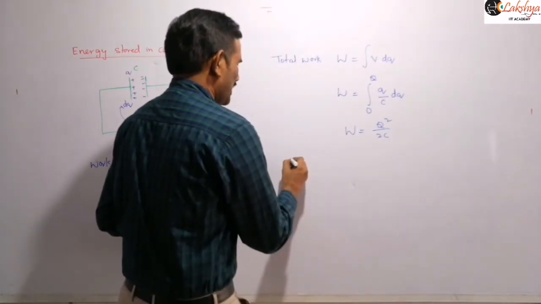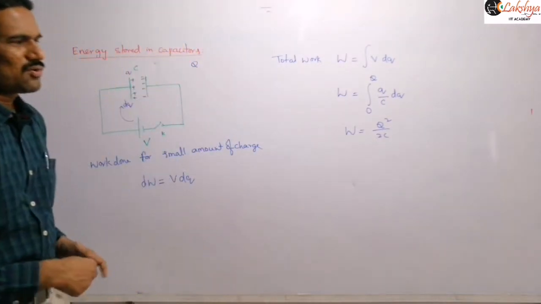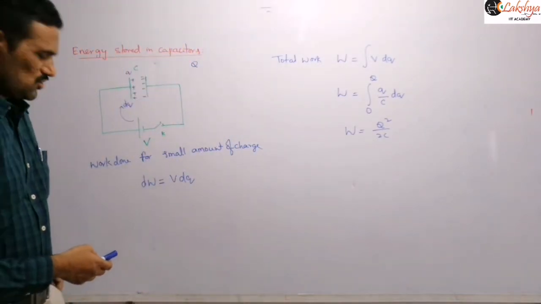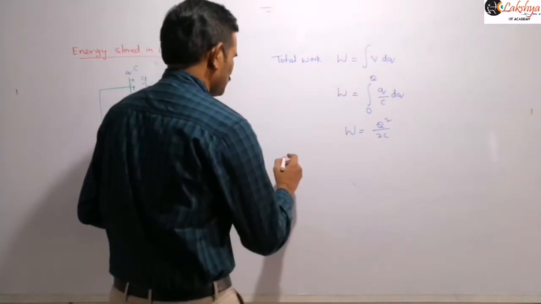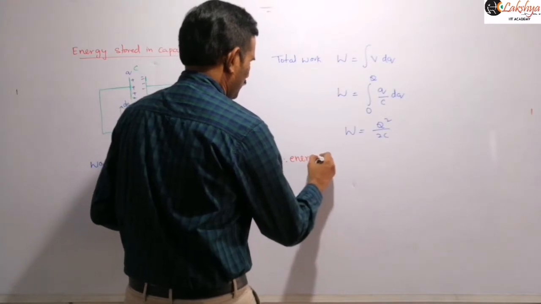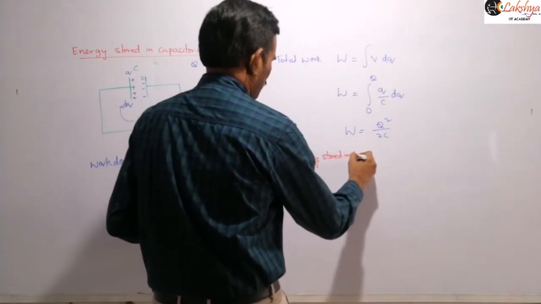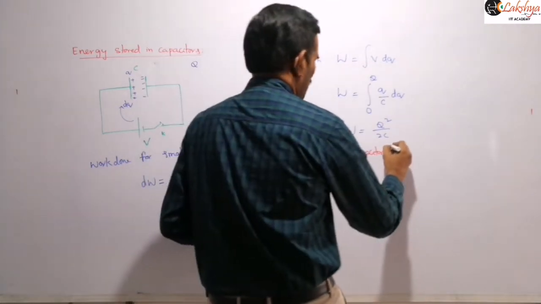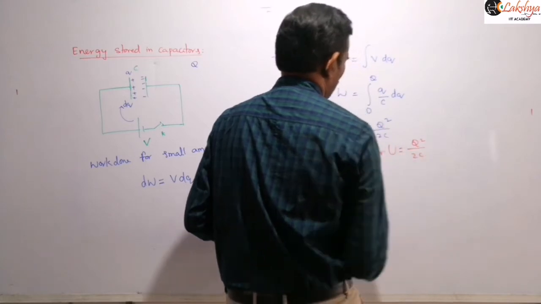What we concluded is that this amount of work done will be stored as energy in that system. So the energy stored in the capacitor, which we represent with U, is equal to Q square by 2C.